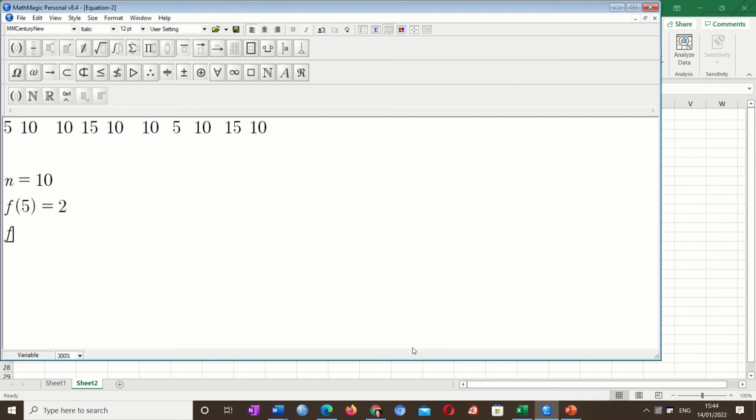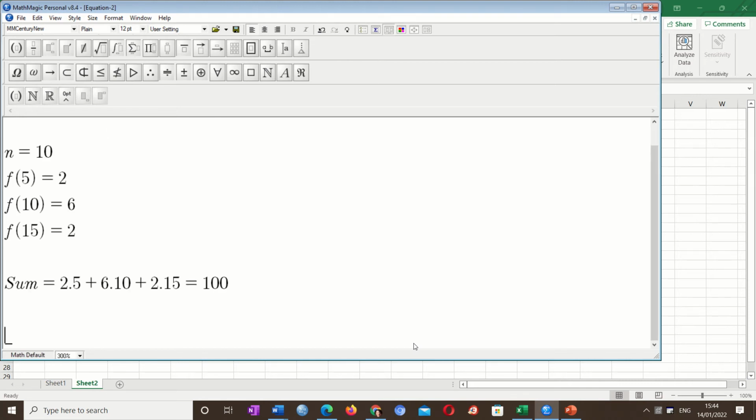How many 10s? 6. How many 15s? 2. Okay, so what is the sum of these numbers? It equals 2 multiplied by 5, plus 6 multiplied by 10, plus 2 multiplied by 15. And that's 100.